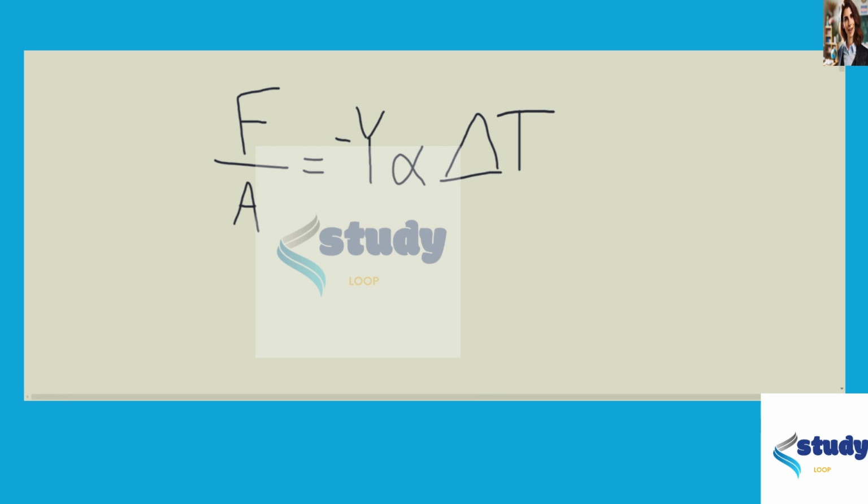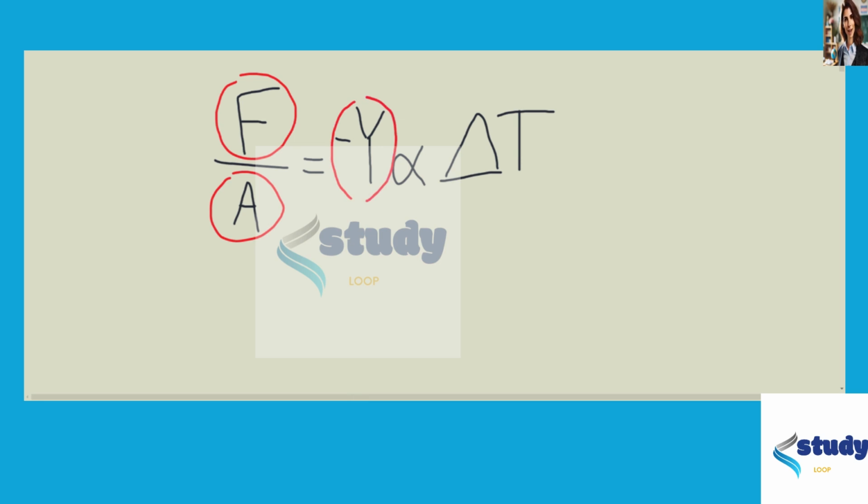So let's make sure this is the equation for us. We have force. That's what we're looking for, so it better be in the equation. Cross-sectional area. We're not given this, but we're given the diameter, so we can easily find that. Young's modulus. That's based on the material.